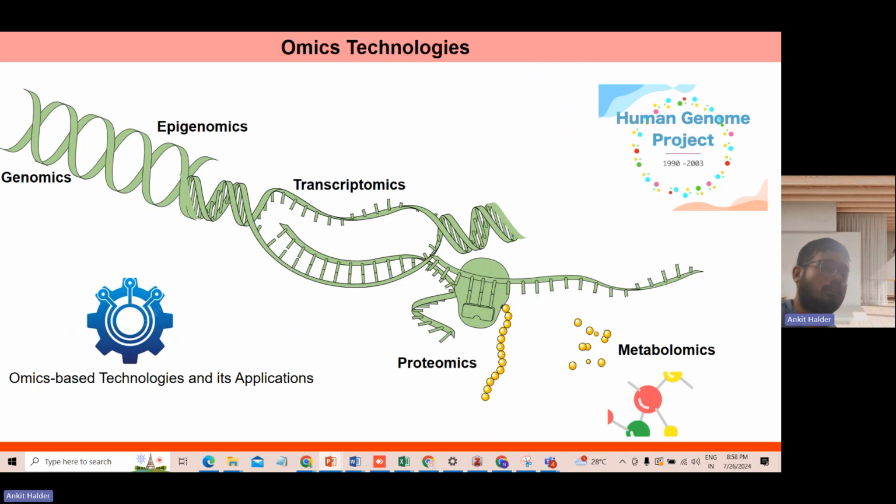It started in the 90s, and in the 2000s we completed the Human Genome Project, but it was a kind of shock for the scientists because it was found that the DNA sequences are quite similar, and there are not many changes between individuals.